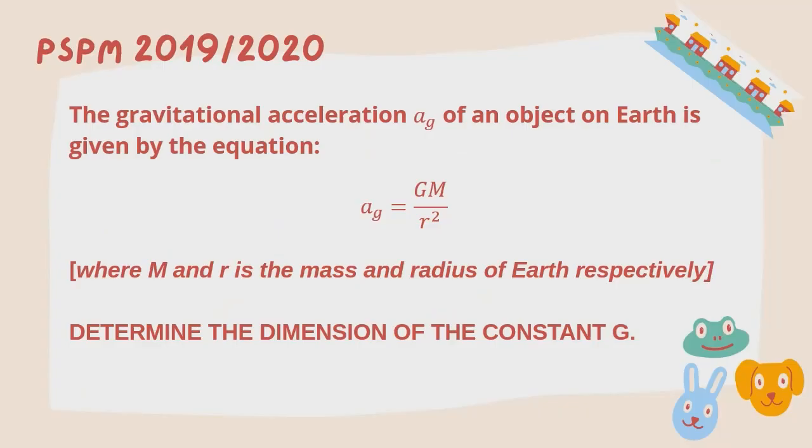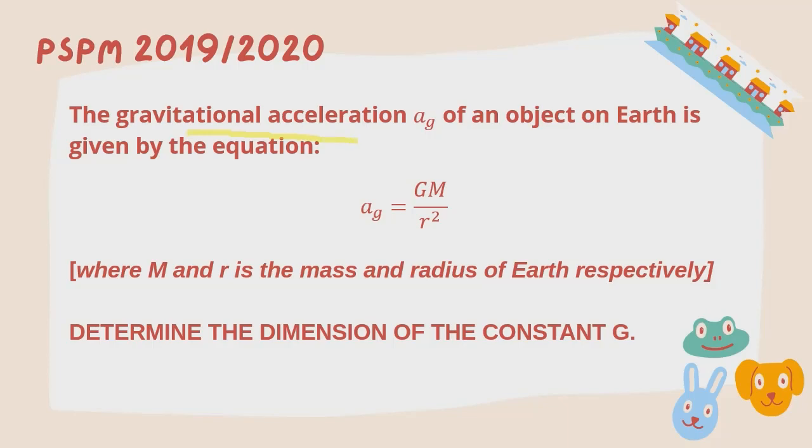Okay, if you refer to past year questions, you should have noticed that two years in a row, questions regarding dimension have come out. So we're gonna look at those two questions. This is 2019 and 2020. Given to you, gravitational acceleration, a_g symbol.